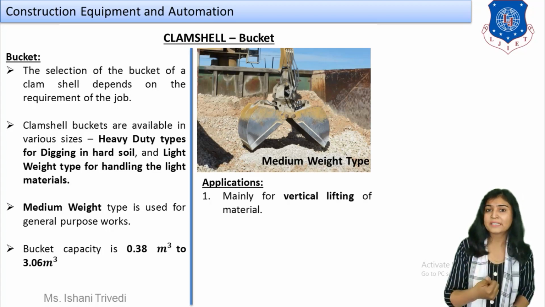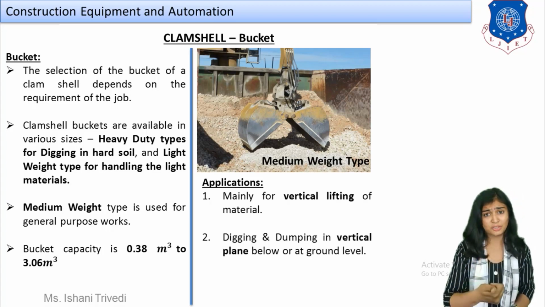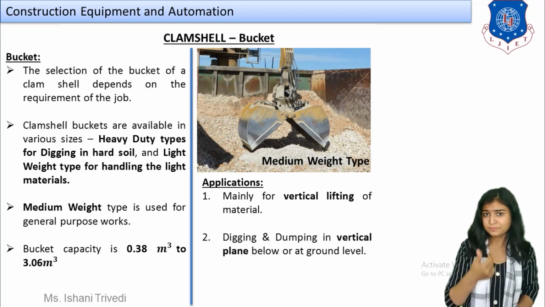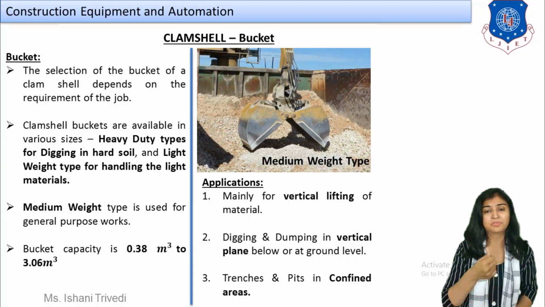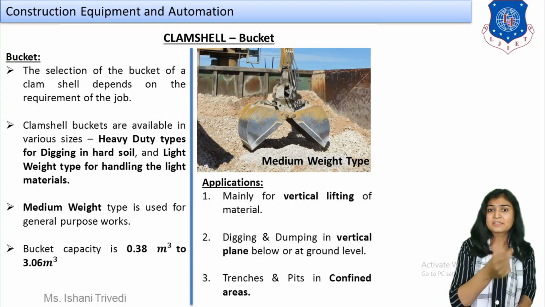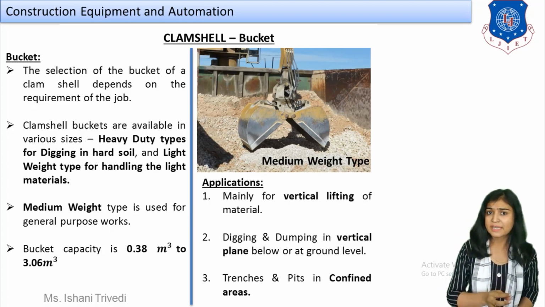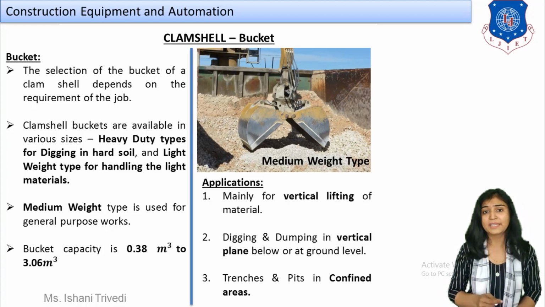First, vertical lifting of the material, which we already discussed. Then digging and dumping in the vertical plane. I explained the mechanism of how you can carry out the work in the vertical plane and simultaneously swing it with the crane and then dump it. So that is your second application. Next, we have trenches and pits in confined areas.